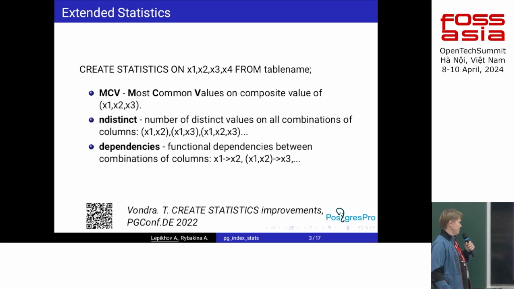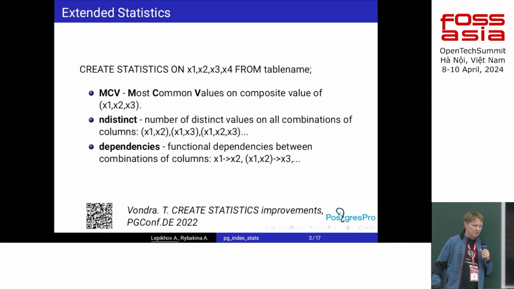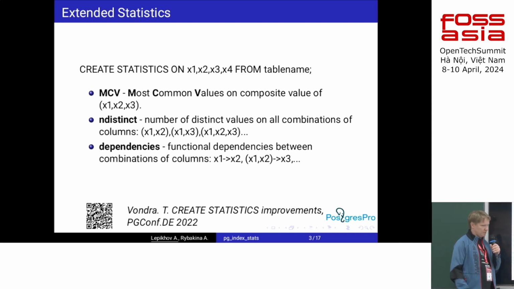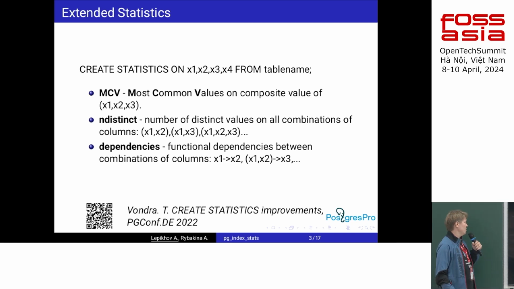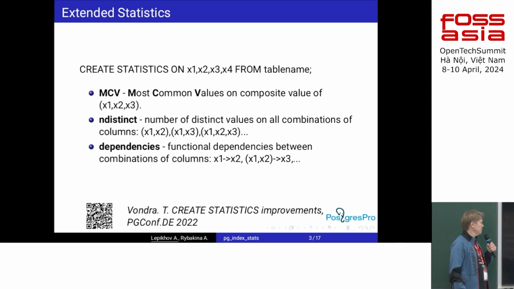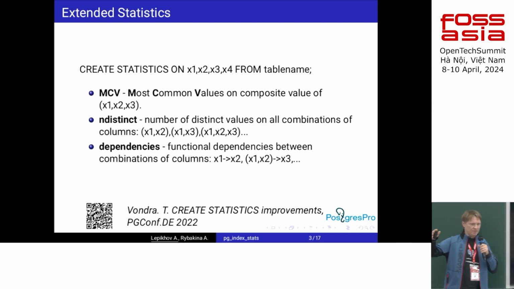Just to make sure we are on the same page, I want to tell a bit about extended statistics and how it works. You can easily find a much more detailed explanation in Thomas Vondra's speech at PGConf Deutschland 2022. You can follow the link in this QR code. But in simple words, CREATE STATISTICS needs you to define a table and define a number of columns on which you create the statistics.